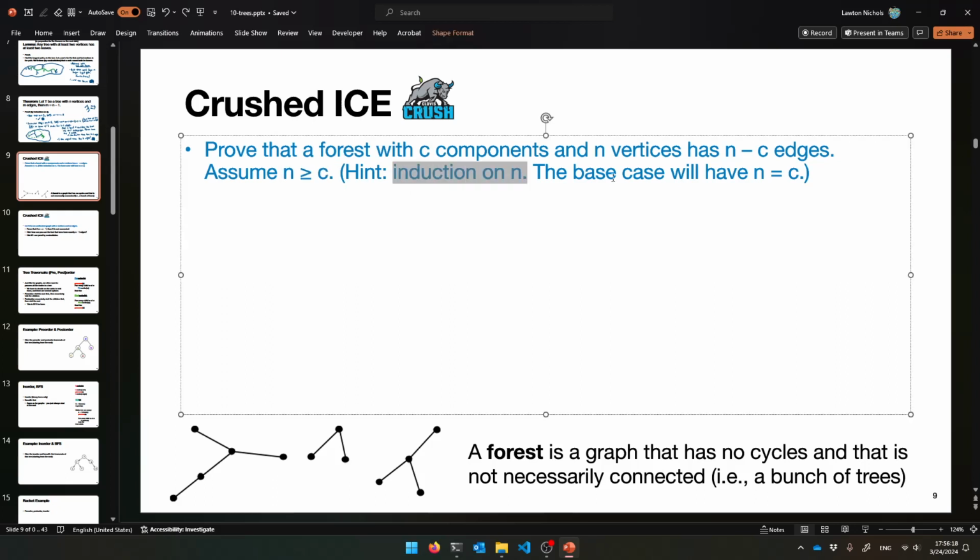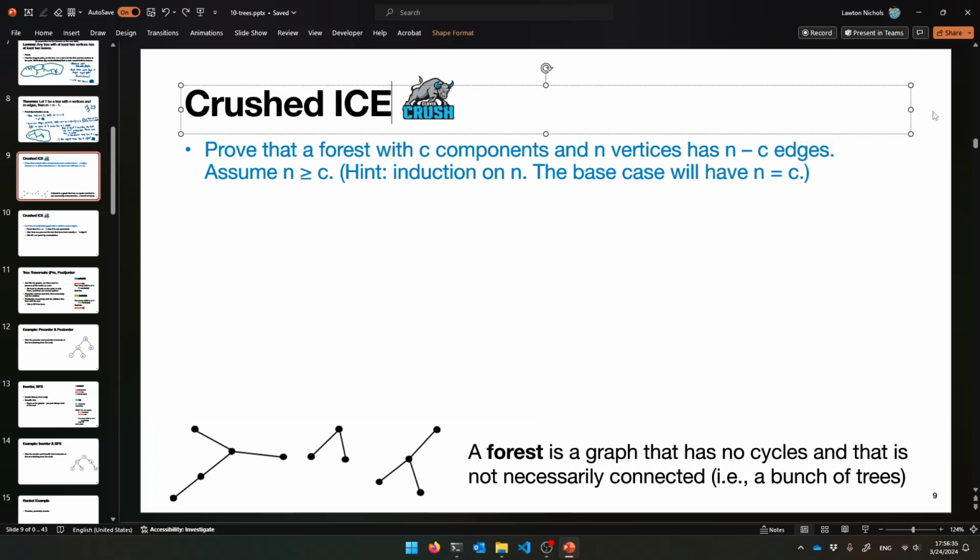So hint: induction on n, and the base case is when n is equal to C, the number of components. Because you're assuming that n is greater than or equal to C. So the base case is the smallest number of nodes you could have, exactly C nodes.